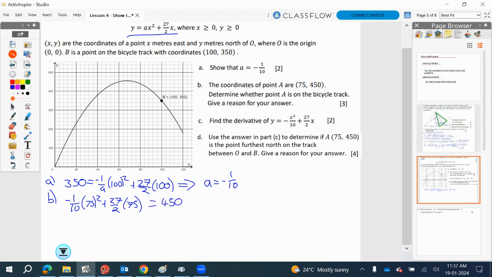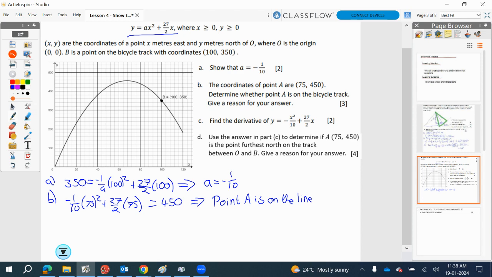What does that imply? That it's on the line because the input gets you the output. Point A is on the line. It's at the turning point, at the max. We don't know that. At the moment, we've just shown that it is on the line.